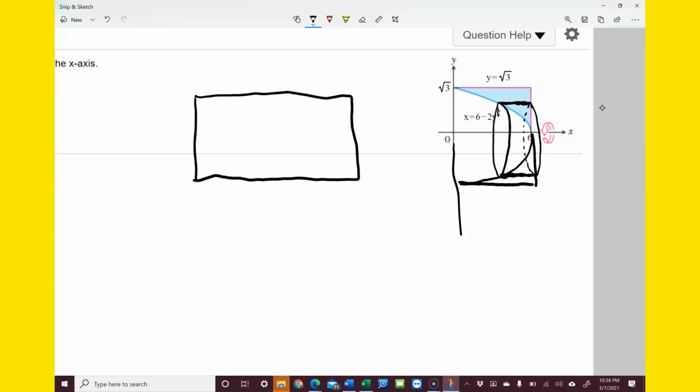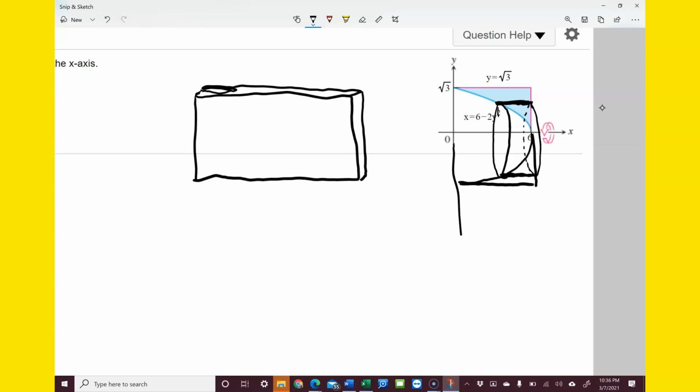When we unroll it, it's a rectangle with a really small thickness. Okay. All right. The height of that rectangle is this. This is the height of that rectangle.